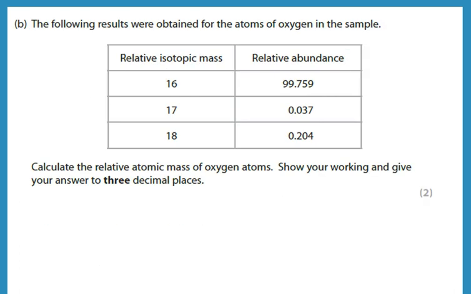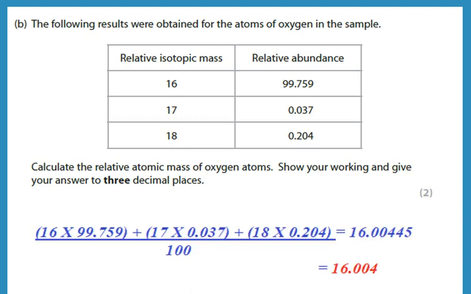Okay, good. Now, this is a question that you might have. The question says the following results were obtained for the atoms of oxygen. So here he's showing me the different isotopes of oxygen. We have one with a mass of 16 that has this relative abundance, and another one with mass 17, and so on. And he's saying calculate the relative atomic mass of oxygen atoms. To calculate it, what did we say?